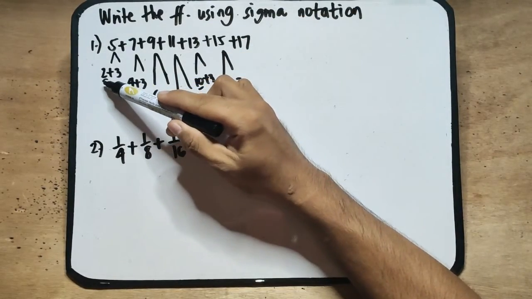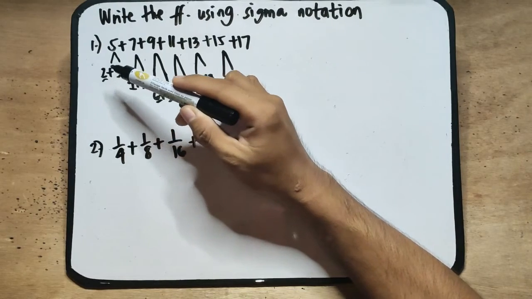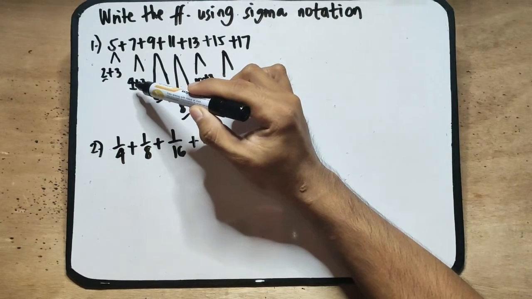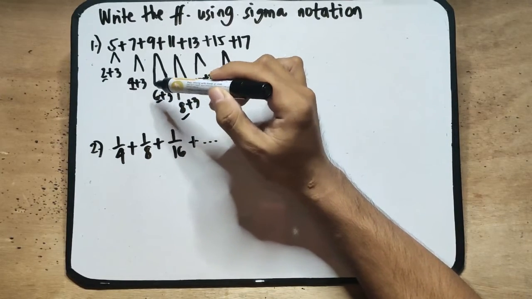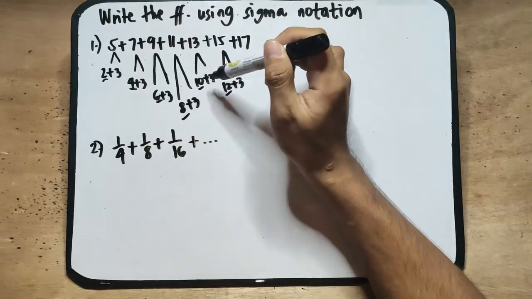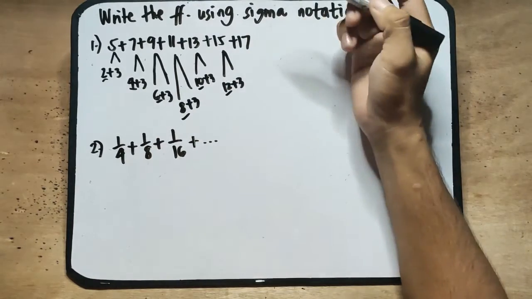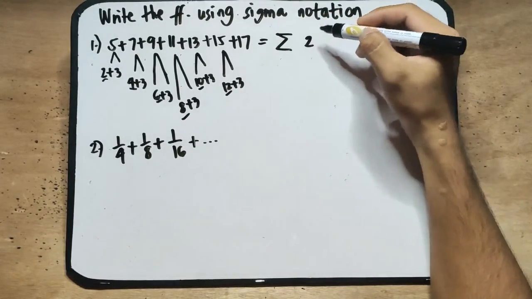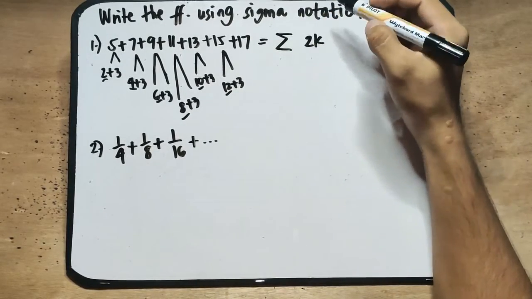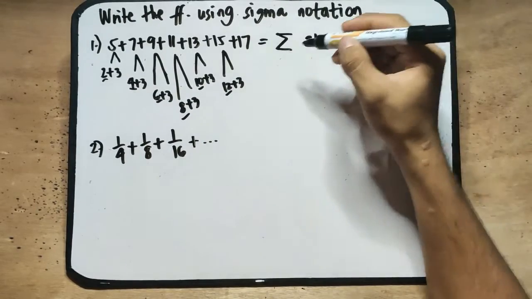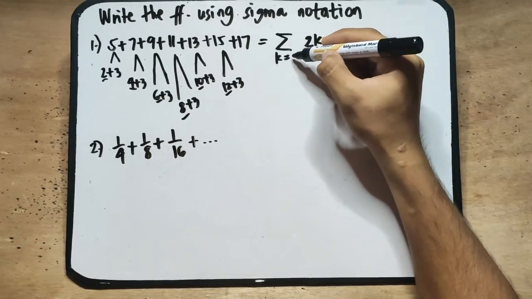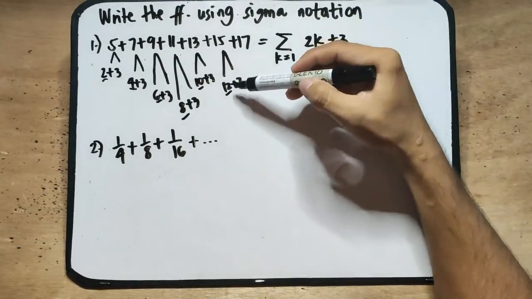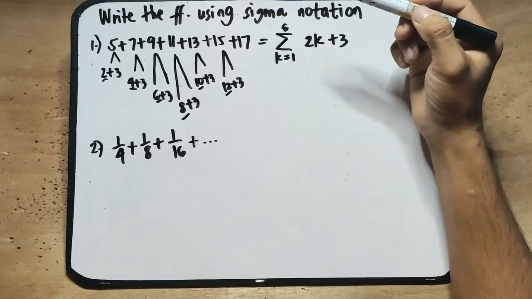So, paano nakuha si 2? So, since multiple siya ni 2, 2 times 1 is 2. Si 4, multiple siya ni 2, we have 2 times 2 is 4, 2 times 3 is 6, 2 times 4 is 8, 2 times 5 is 10, and 2 times 6 is 12. So, definitely, ang ating formula ay 2k plus 3, from 1, kasi 2 times 1 is 2, up to 6.